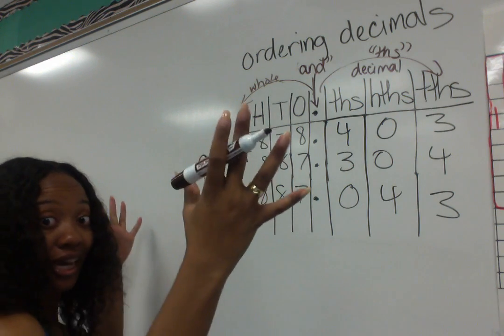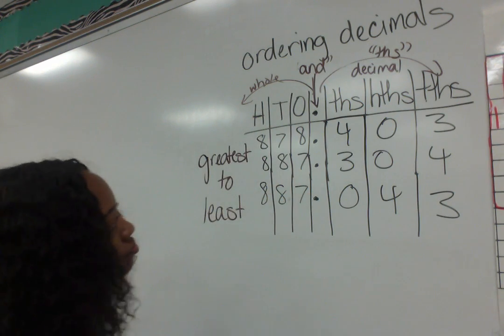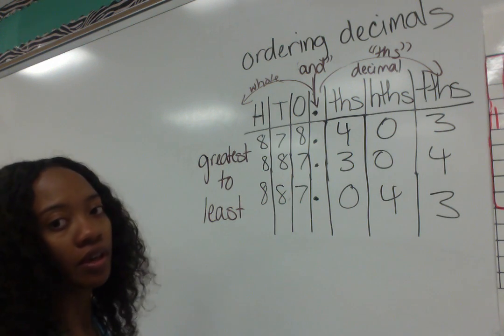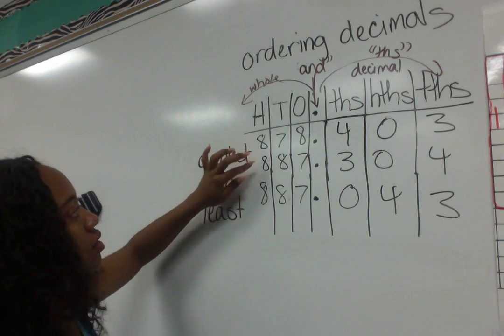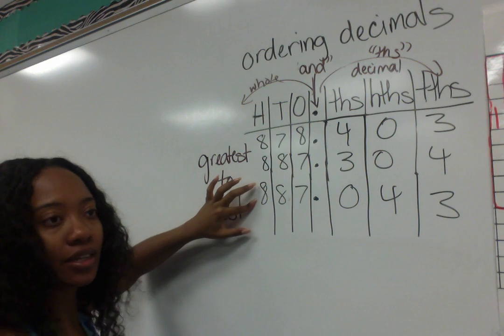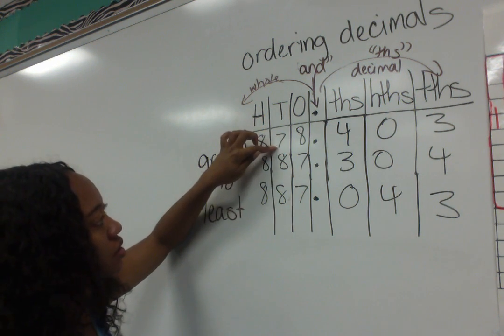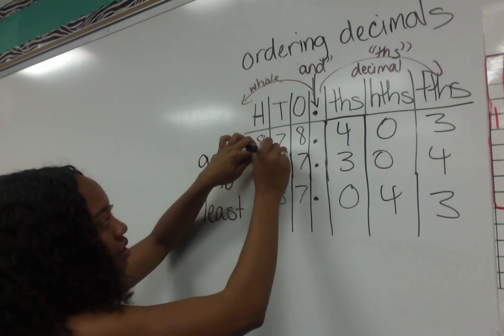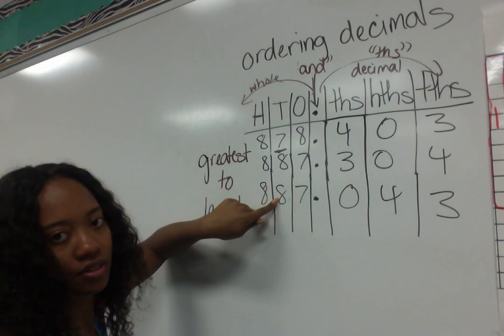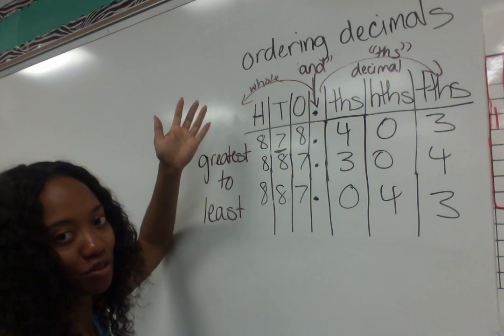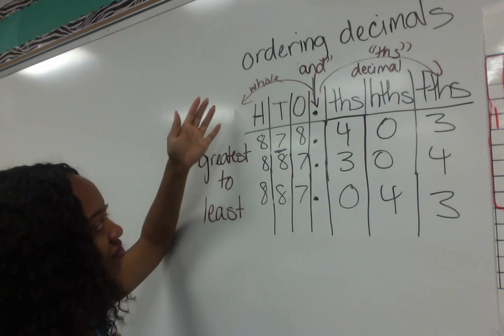So that's big to small. Same thing. 888. Here we have a difference. I see a 7, and then I see 8s. Right away, I know who my smallest is.